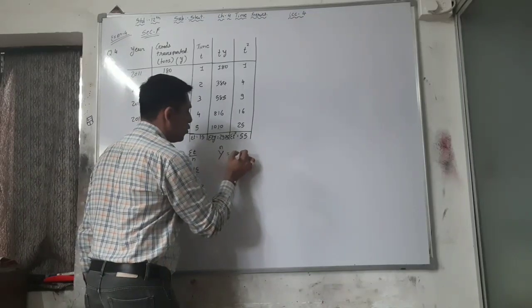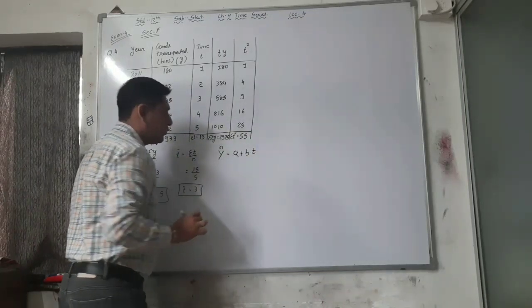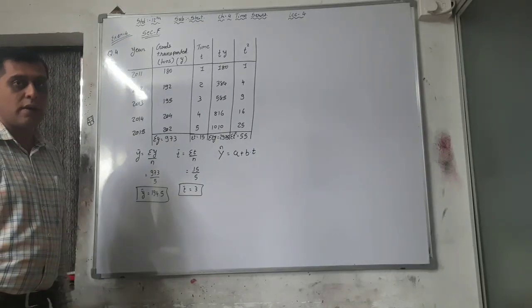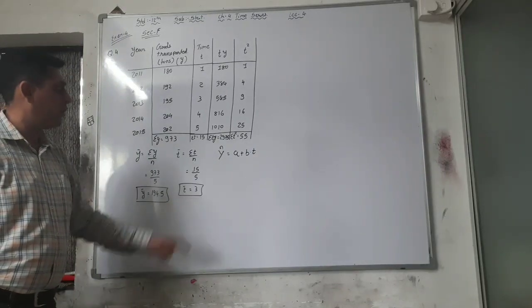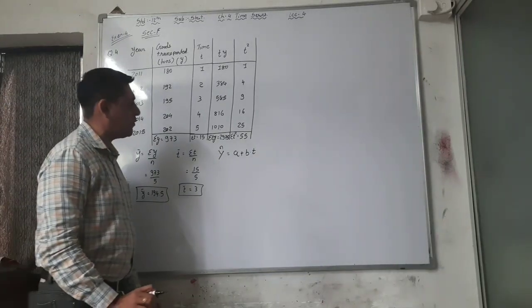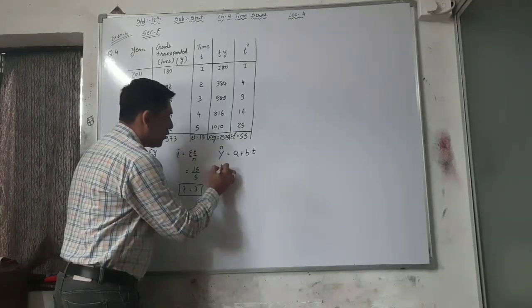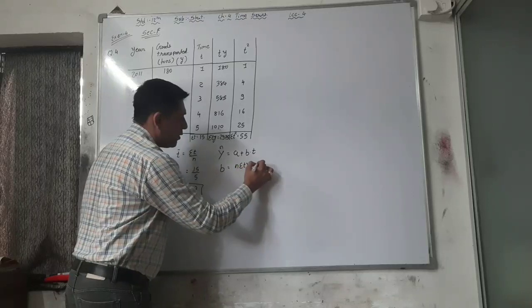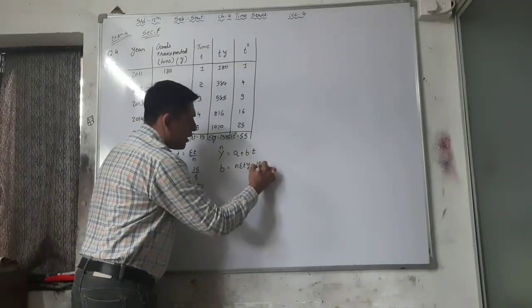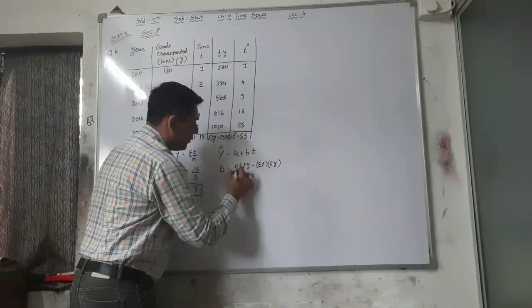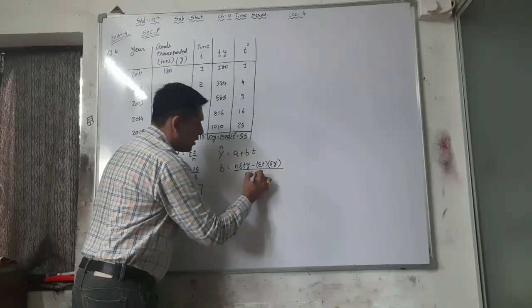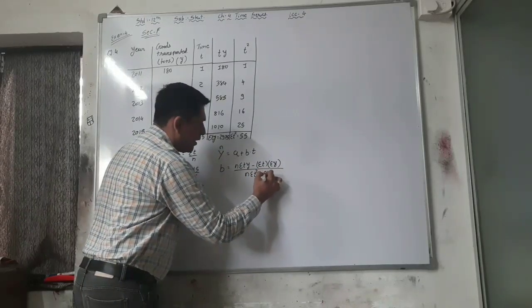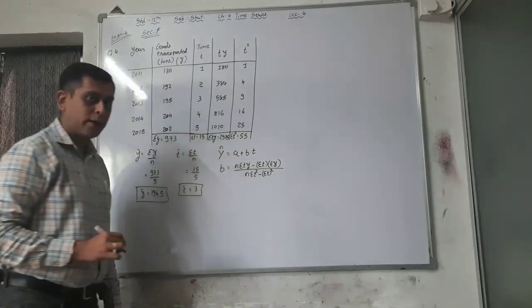Y cap is equal to a plus bt, right? We have to fit a linear equation. Here is the linear equation, y cap is equal to a plus bt. So first of all, what is b? n sigma ty minus sigma t into sigma y upon n sigma t square minus sigma t whole square.